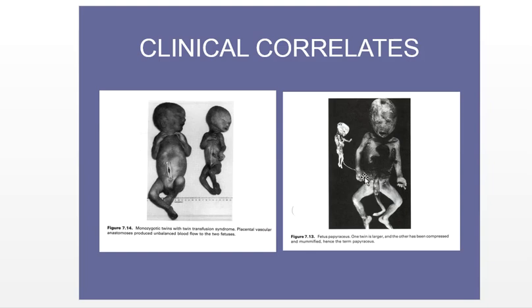In this condition, placental vascular anastomoses, which occur in a balanced arrangement in most monochorionic placentas, are formed so that one twin receives most of the blood flow and the flow to the other is compromised. As a result, one twin is larger than the other. The outcome is poor, with death of both twins occurring in 50% to 80% of cases.